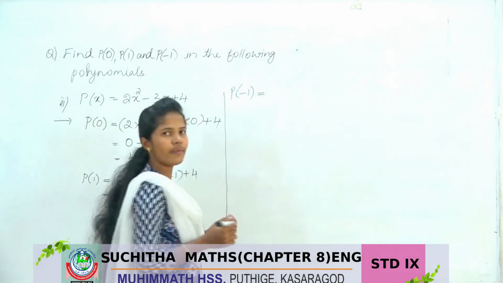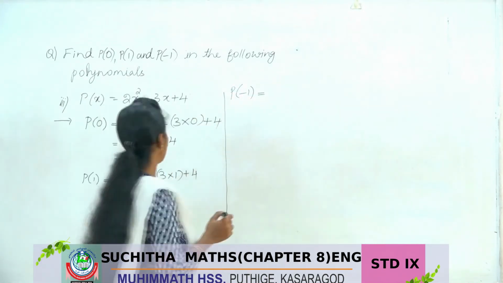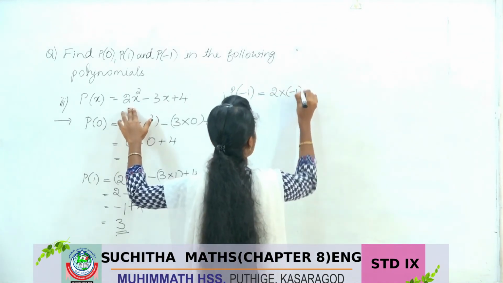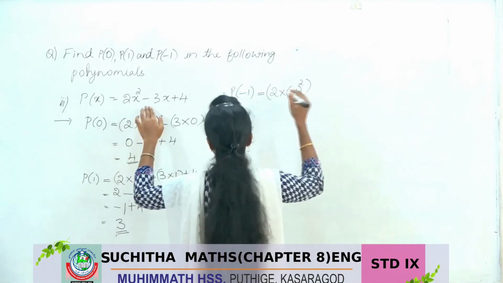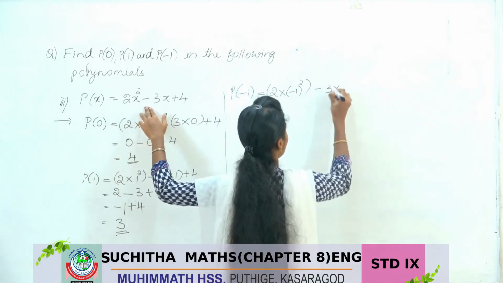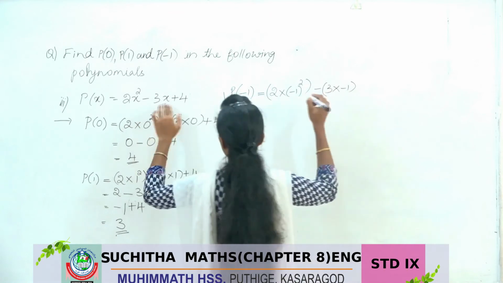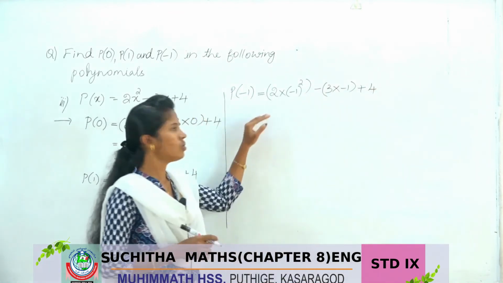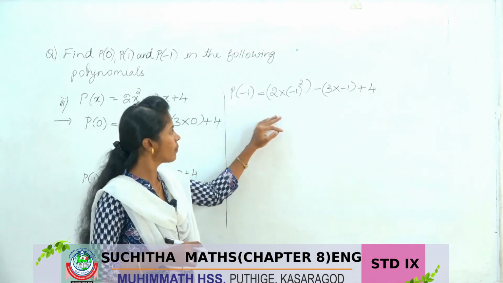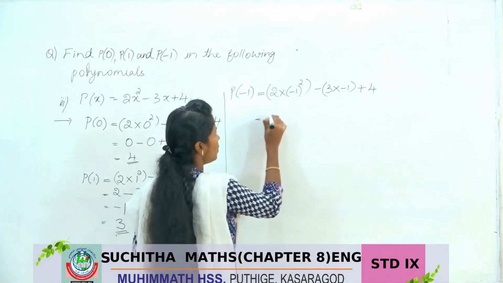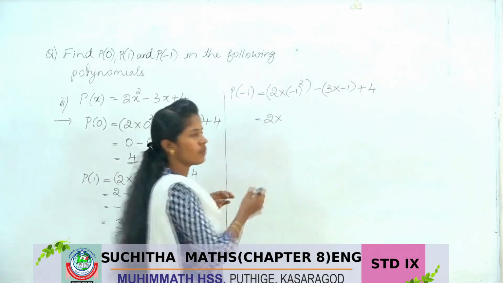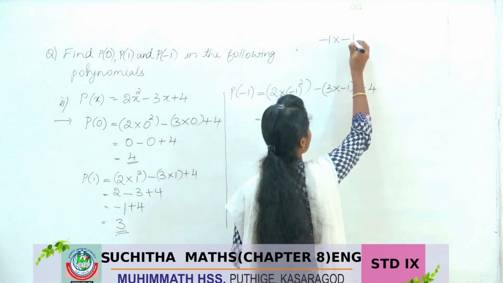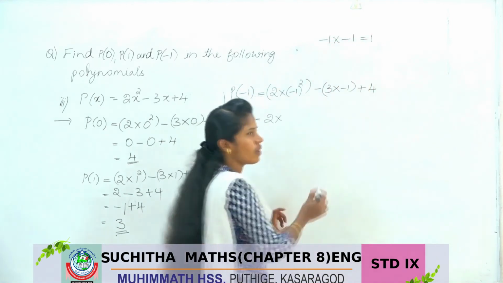Here the value of x is minus 1. So apply 2 into minus 1 square minus 3 into minus 1 plus 4. So here solve it carefully. Okay. 2 into minus 1 square. Minus 1 square means minus 1 into minus 1 equal to plus 1.